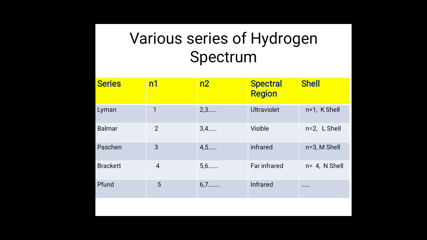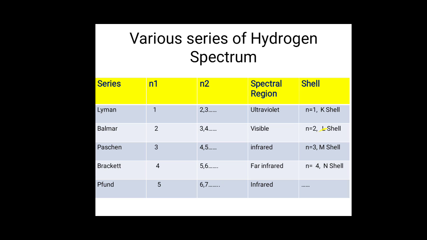Then the Balmer series. The Balmer series arises when an excited electron from the higher energy level, N2 equal to 3, returns to the lower energy level of the L shell, that is N1 equal to 2.